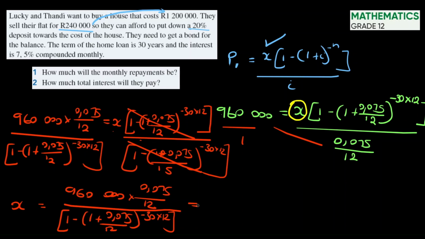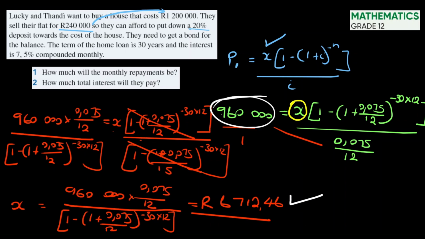And if you patiently put this into the calculator, what I'm getting is 6,712.46. 6,712 will be the monthly repayments that Lucky and Thandi will be paying towards their loan of 960,000. And that'll be the first part of the question.